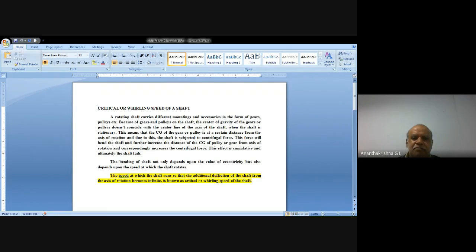This happens because you will have a shaft mounted with gears and pulleys. That's what we learned in our fifth semester design of shafts chapter. The shafts are subjected to pulleys and gears. Then, because of such rotating gears and pulleys on a shaft, the CG of the pulley and the CG of the shaft will have variation.